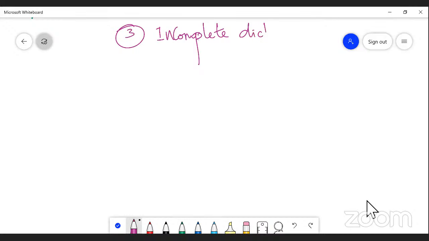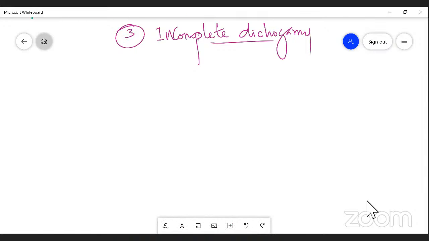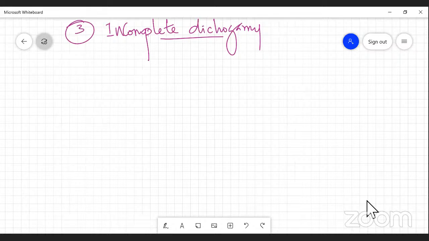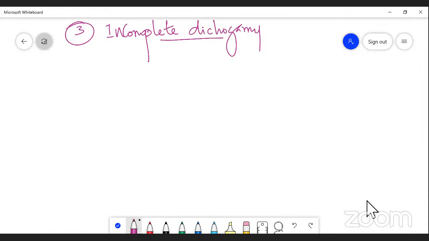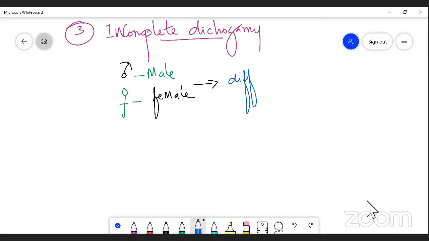Incomplete dichogamy is a mode of self pollination in which both androecium and gynoecium, I mean male and female parts, may attain maturity at different times. That is called incomplete dichogamy.